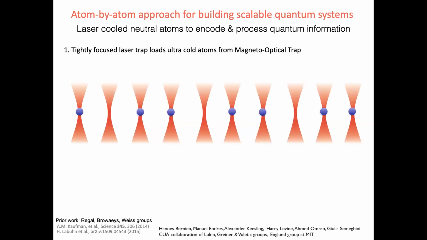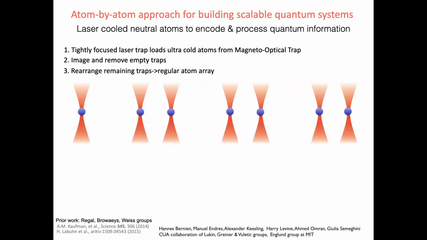Because if we focus the tweezer tightly, each of these tweezers can host at most one atom. We still have some disorder in the system because some traps end up filled and some are empty. So to get rid of this entropy, we take a picture of the atoms and rearrange them in a desired configuration.